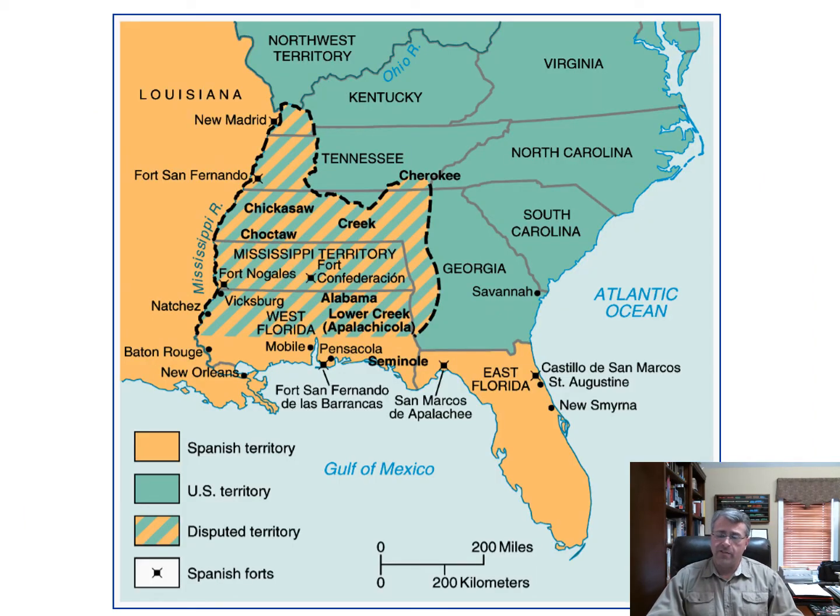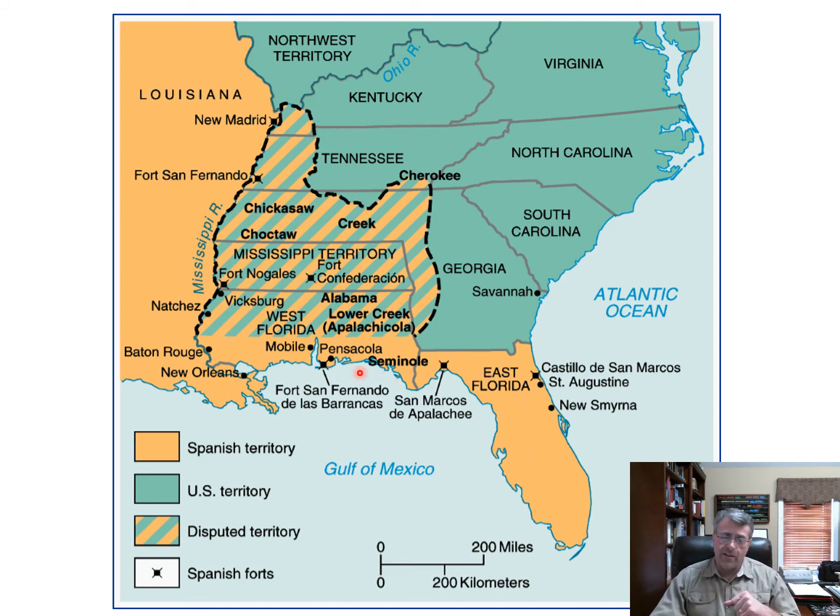Looking down in the southern part of the United States, at the same time, we've got a similar issue or dispute with Spain. Remember, Florida is controlled by Spain at this point. And of course, important to note too that Florida is shaped a little bit differently than it is today.